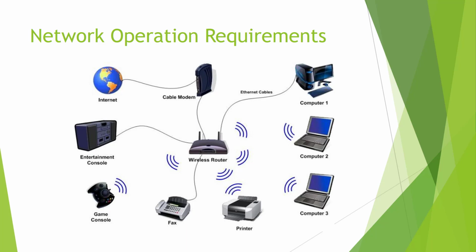2.4 is the older one, and the benefit there is that we have more penetration. So the wireless signal from your router will travel a farther distance with lower signal loss compared to the 5 gigahertz. Benefit of the 5 gigahertz is you have a higher data rate. So there is a give and take here.